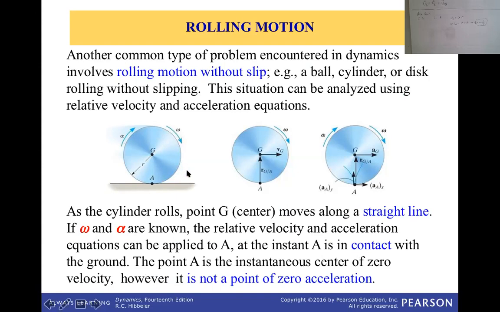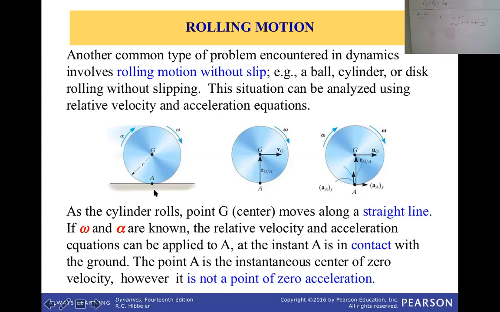So then you can look at here. If you are looking at the contact point over here, assuming that we look at the moment just before the contact and just right after the contact, I can imagine that if this guy rolls down here, before A is touching the ground, A should have a velocity going downward.